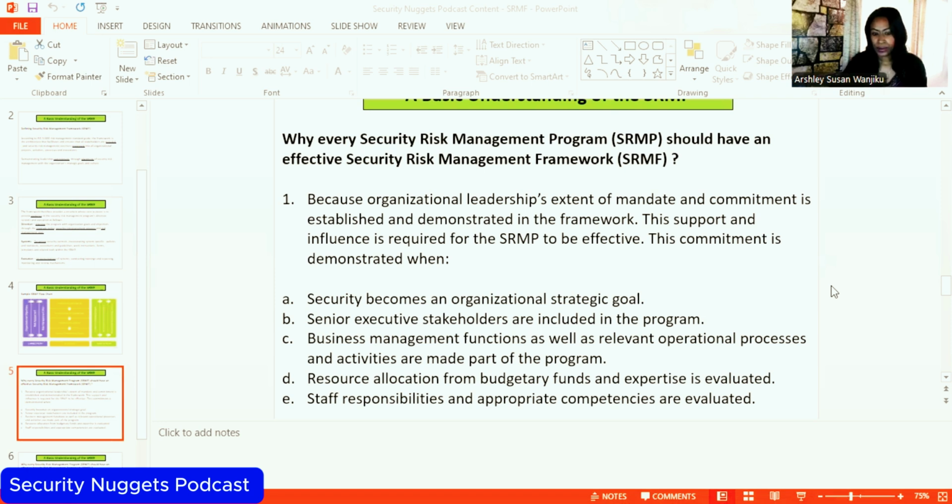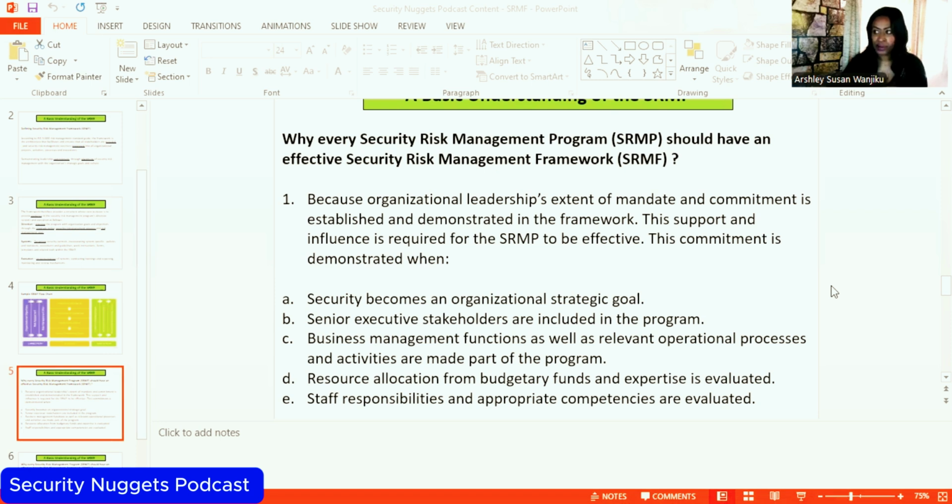Now, seen as the leadership support is coming in through the framework, automatically we are also expecting to have a good budget allocation. In a lot of organizations, one of the things that security professionals have to deal with is budget approvals.